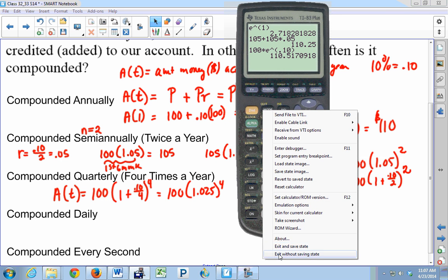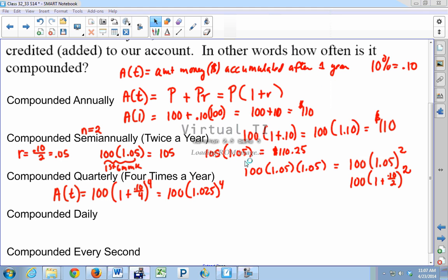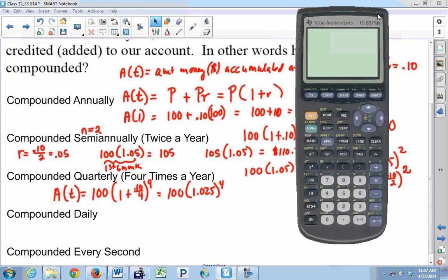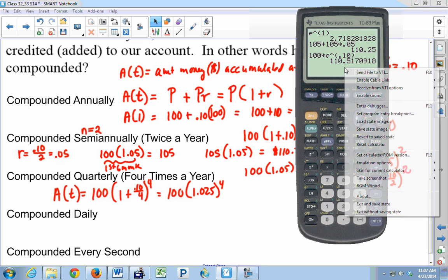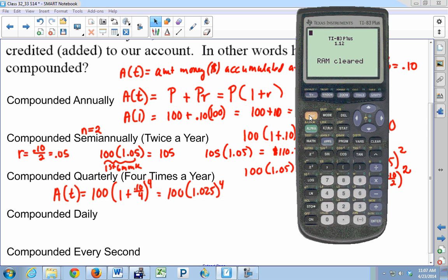Let's try it again. What would I do without my calculator? Let's see. Clear. Oh. Wow. Don't reset calculator. How's that? Let's try that. Oh, RAM cleared. Okay, everything's out of there.